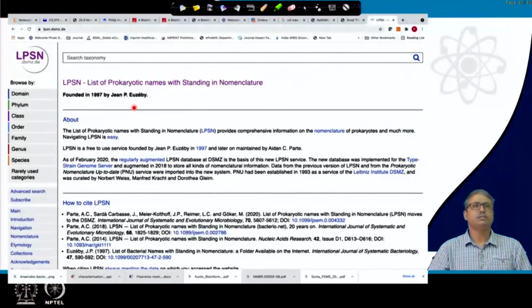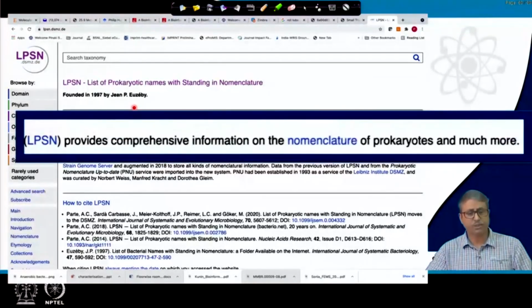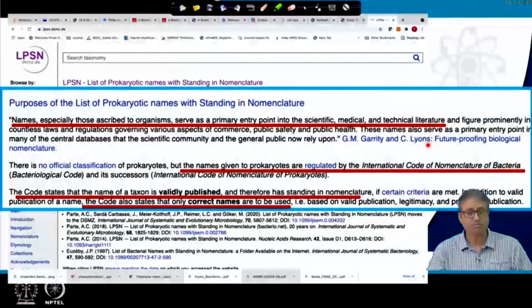In this respect, I would like to introduce you to this particular resource, which is called the LPSN, or List of Prokaryotic Names with Standing in Nomenclature. This is a huge resource where comprehensive information on the nomenclature of prokaryotes and much more in detail is available.